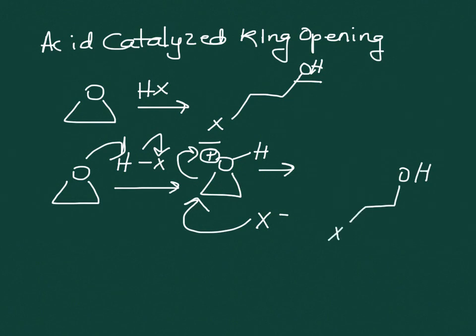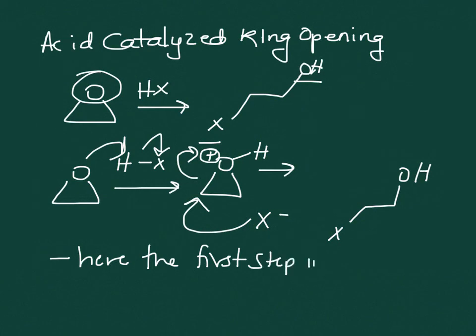Okay, so the difference here is we're going to first protonate the oxygen, whereas before we had direct nucleophilic attack and then we protonated the oxygen with water. Here the first step involves protonation.